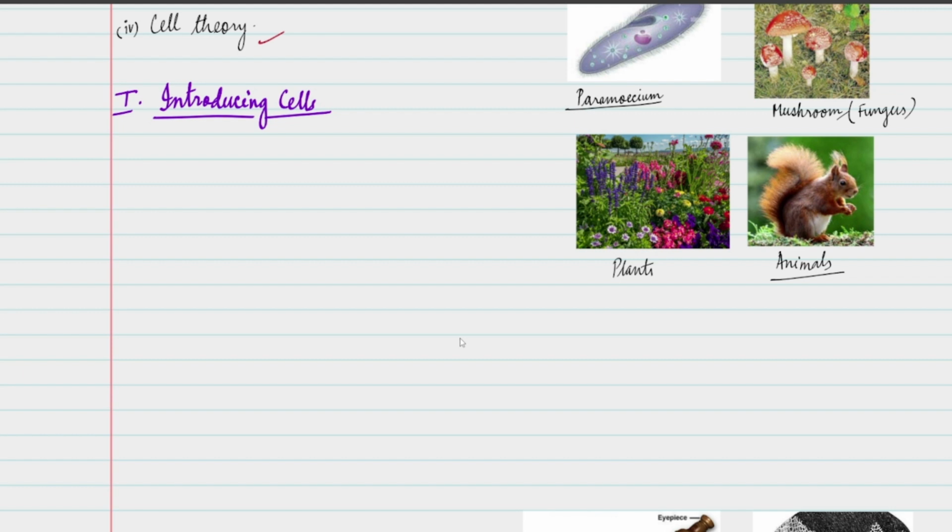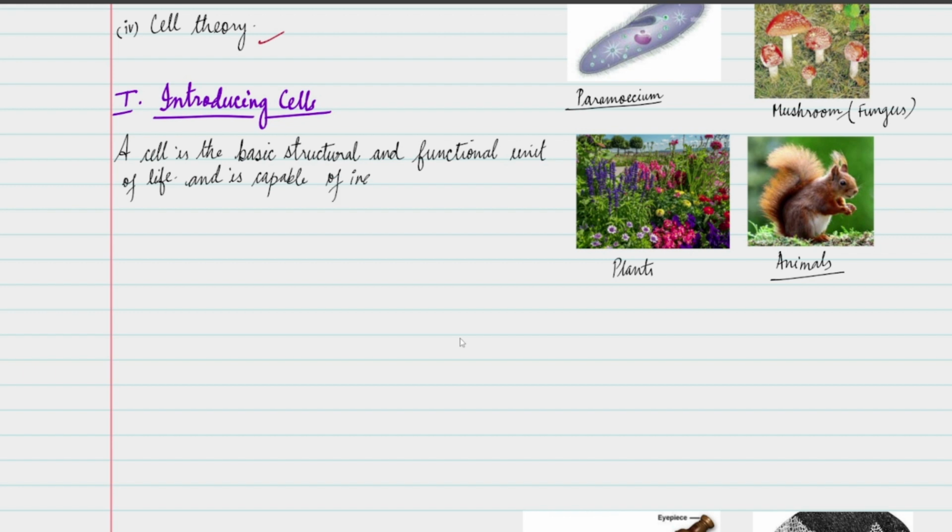So introducing cells. What is a cell? A cell is the basic structural and functional unit of life. And you have to understand that the cell is capable of independent existence. It can work on its own, it can survive on its own.